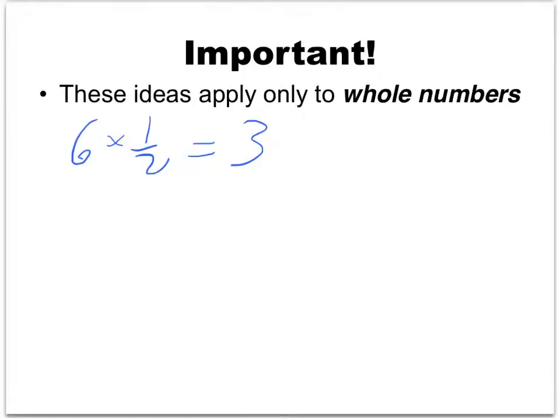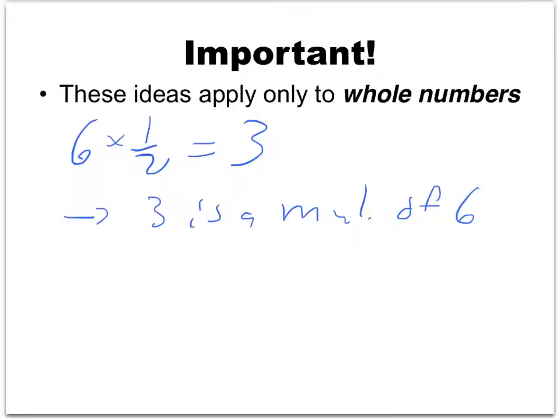That is indeed a true statement, and so based off of this we might be tempted to say that 3 is a multiple of 6. It kind of seems reasonable because we took 6 times some number and we got 3.